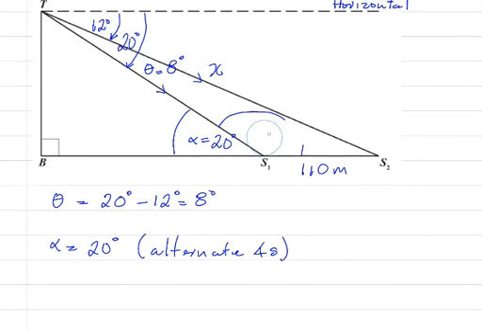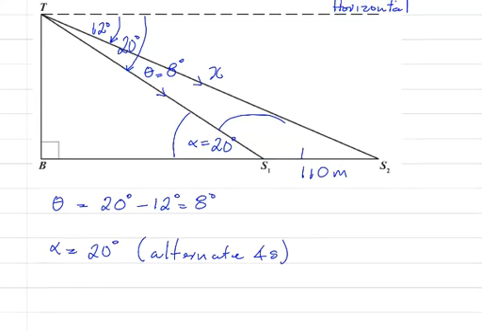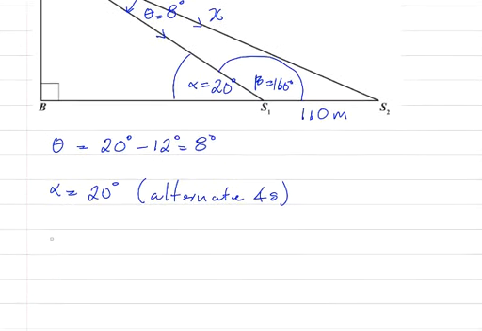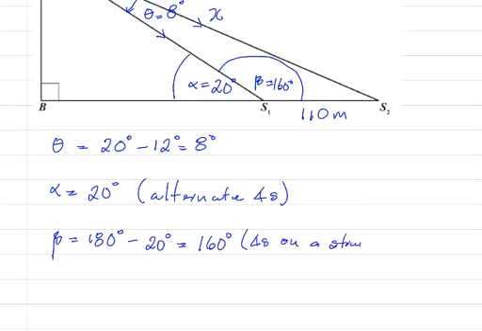So let's call it beta. So beta is equal to 180 minus 20, which is 160 degrees. They're angles on a straight line.